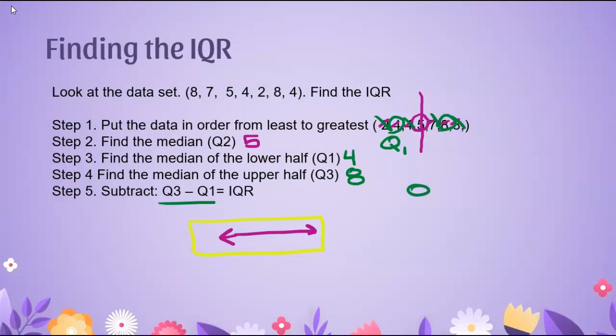Q3 is 8. Our Q1 is 4. And 8 minus 4 is 4. So our interquartile range for the box of this data would be 4. Let's try another one.